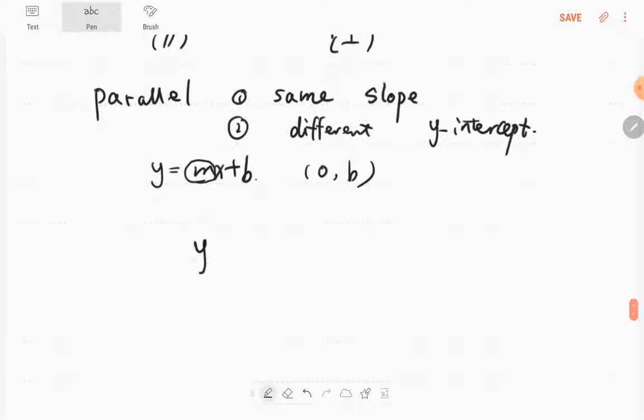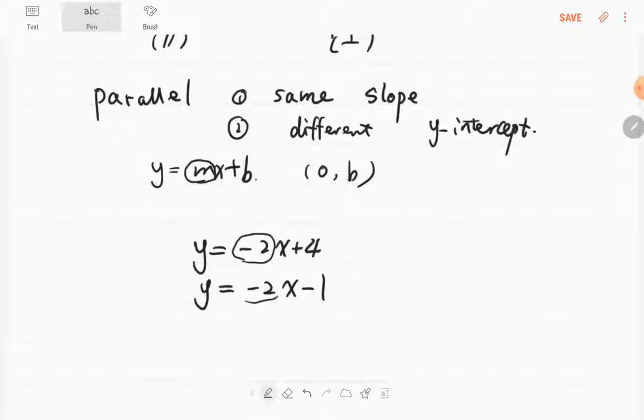So for example, we have these two lines. So we check the conditions to see if they are qualified. First, do they have the same slope? We know the coefficient of x in this form is the slope.